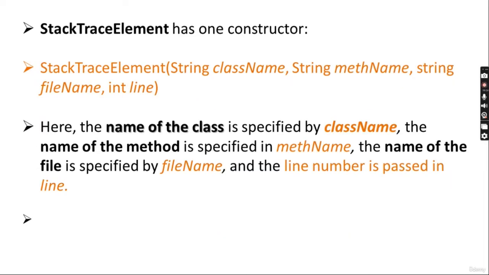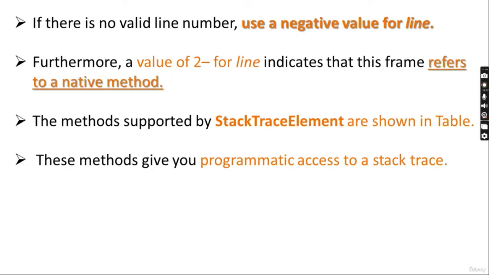It has one constructor: StackTraceElement(String className, String methodName, String fileName, int line). The name of the class is specified by className, the method by methodName, the file by fileName, and the line number is passed in line. If there is no valid line number, use a negative value for the line. Okay, a value of -2 for line indicates that this frame refers to a native method.